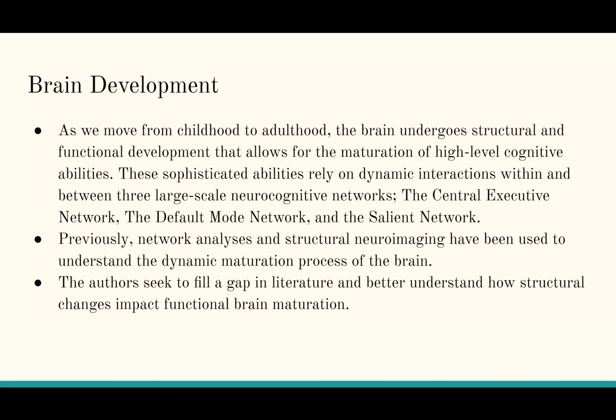The nodes within the central executive network that we're going to be talking about are the dorsolateral prefrontal cortex and the posterior parietal cortex. When we move to the default mode network, the nodes that we're going to be talking about are the ventral medial prefrontal cortex and the posterior cingulate cortex. The default mode network helps govern internally oriented and social cognition.